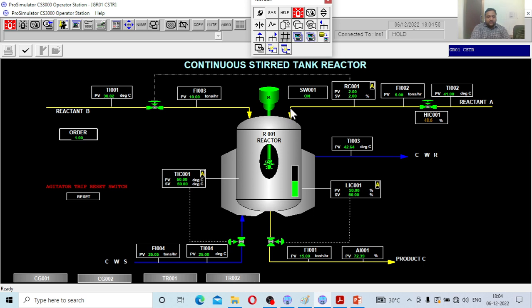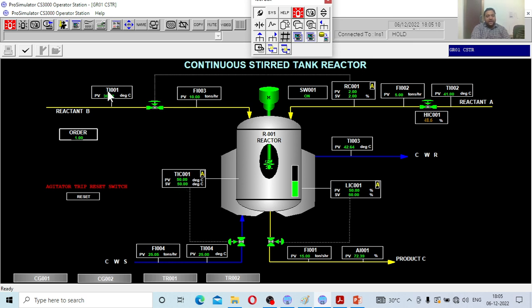On this side, because it is an exothermic reaction, cooling water is supplied through the jacket, and the cooling water flow rate is controlled by the temperature inside the reactor. Presently the reactor temperature is 50 degrees centigrade, and we also have to maintain the reactor temperature at 50 degrees centigrade.